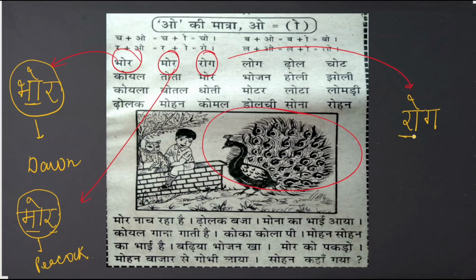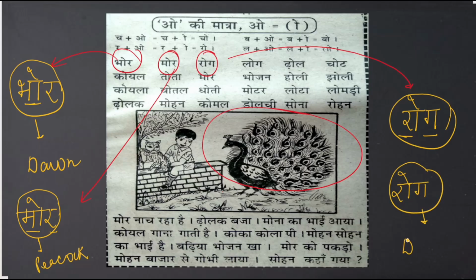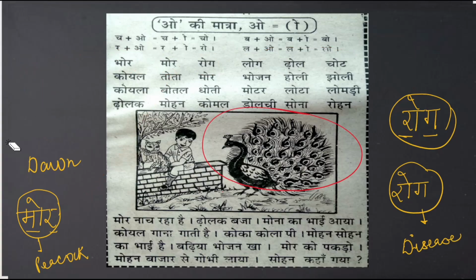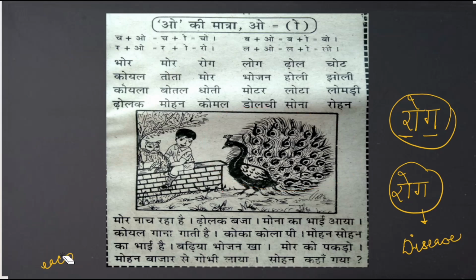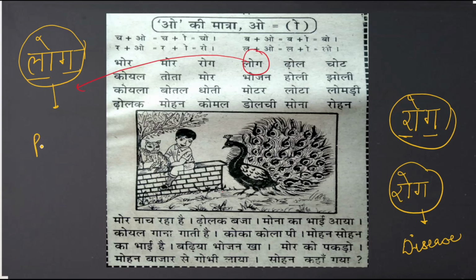Now it became rog, which means disease. This is la, and this is again the matra of O, and just add this letter ga. Now it became log, which means public.